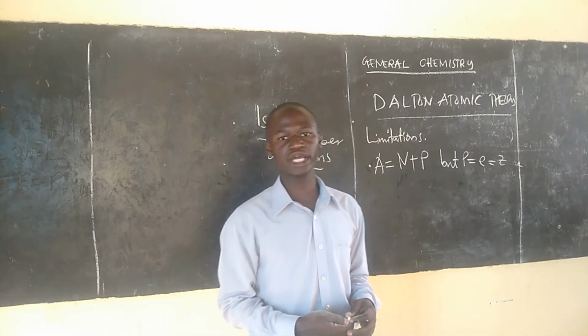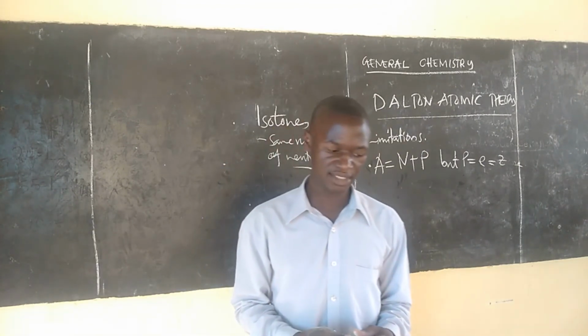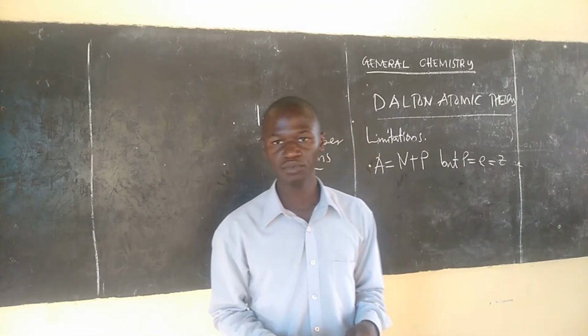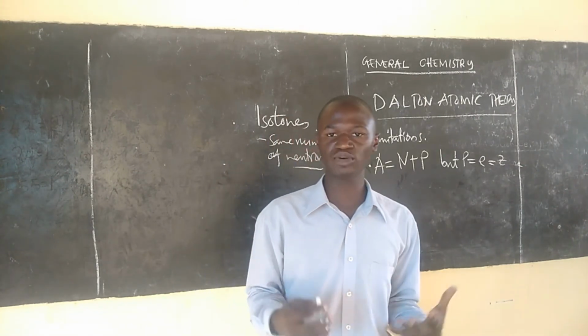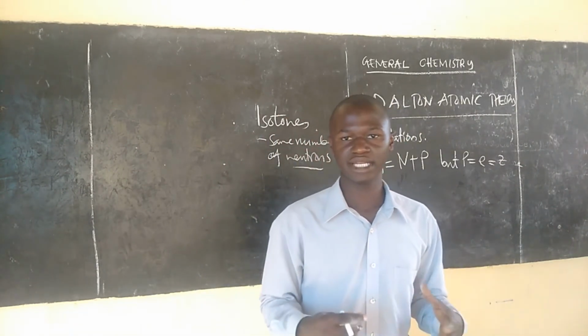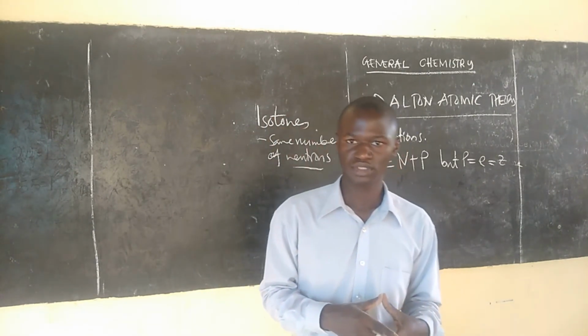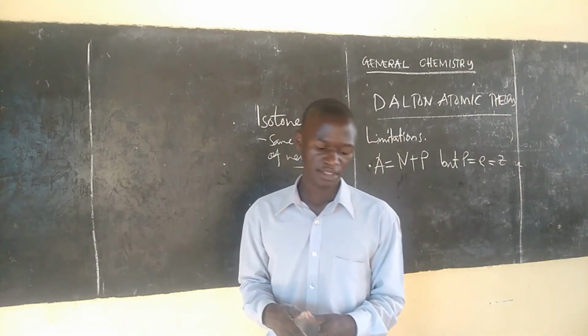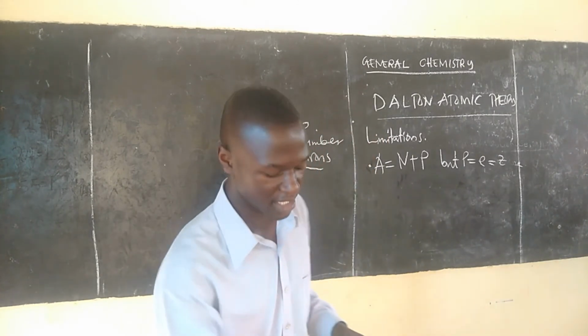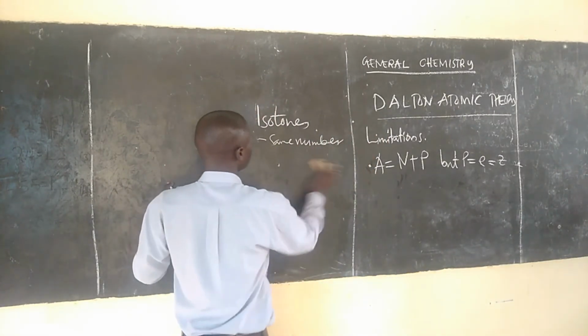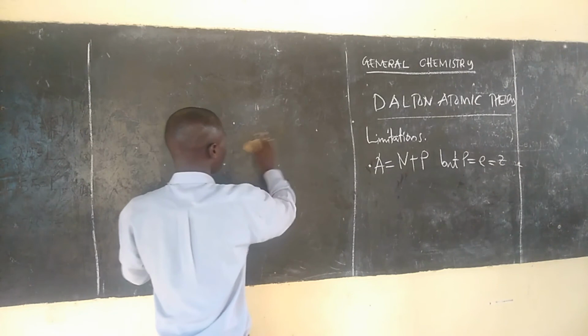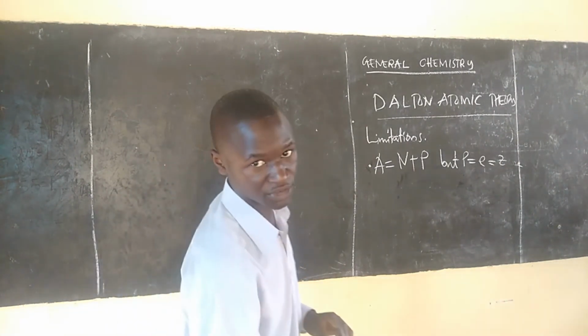From there, we can move to the last assumption of Dalton's atomic theory, which said that atoms may combine in small, simple whole number ratios to form compounds.